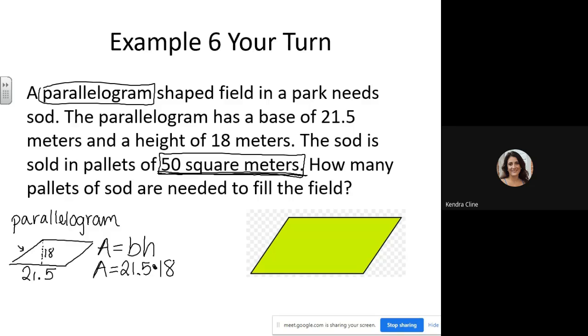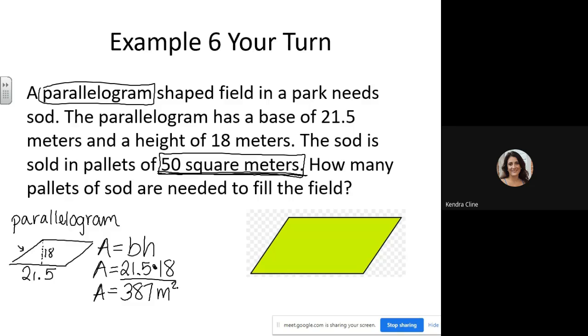Okay, so I'm going to do 21.5 times 18, and I'm going to get 387. So area is going to be 387 square meters. Okay, that's how much I need, but it says the sod is sold in pallets of 50 square meters.